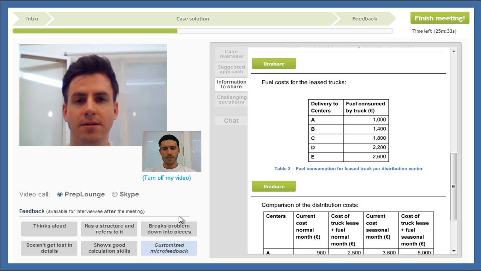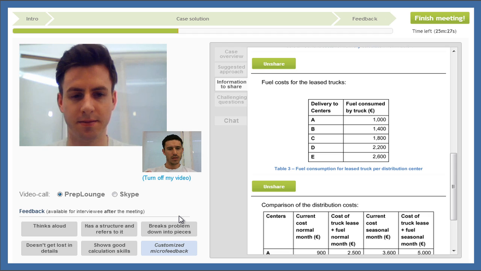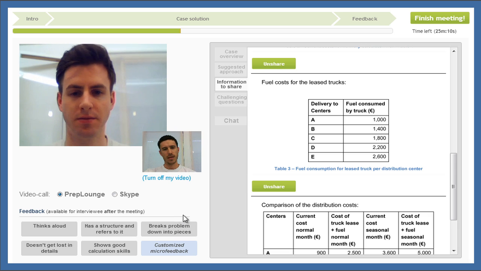To simplify the problem, let's assume that we need to do one delivery per month per center, not more, not less, and we cannot use the same truck to deliver from the factory to center A, then to center B, then to center C. We have to go from the factory to the center. Let's assume the centers are all spread, so it's better to go to the factory and then to the center. Okay, great. All right.